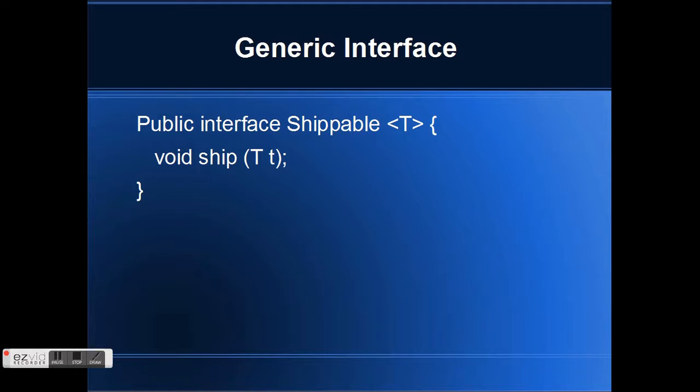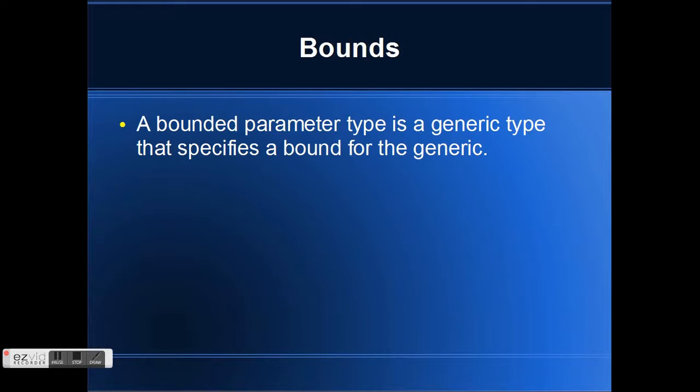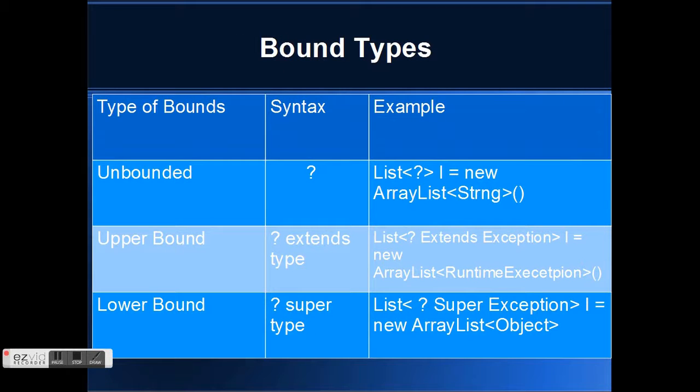Alright, now we're going to be talking about bounds. A bound is a generic type parameter that specifies a bound for the generic. These are the types of bounds you're going to see. You're going to see an unbound, used with a question mark.